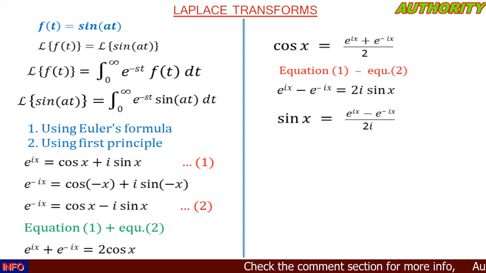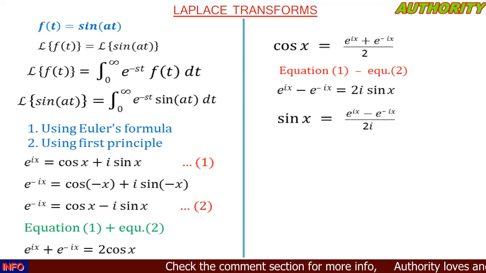Look at what we have. cos x is equal to e raised to the power of ix plus e raised to the power of minus ix, all over 2. And sine x is e raised to the power of ix minus e raised to the power of minus ix, all over 2i.